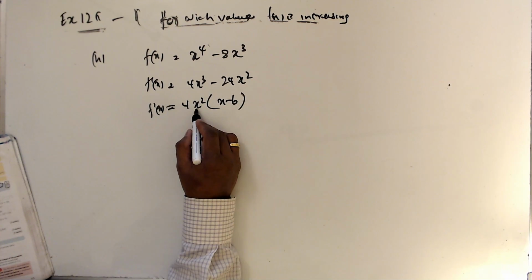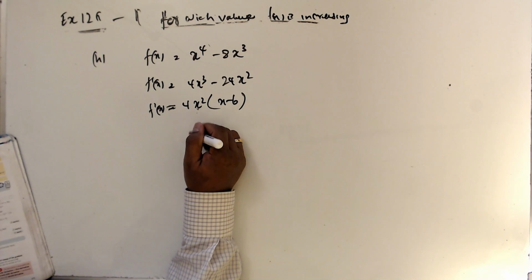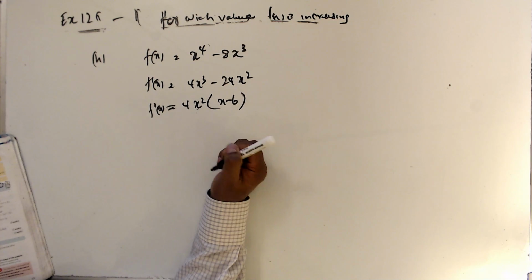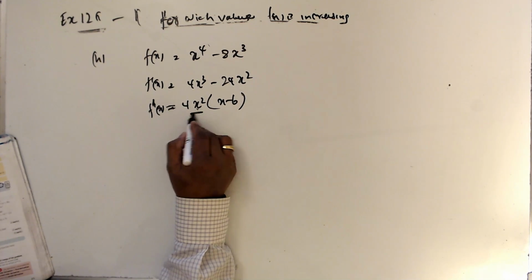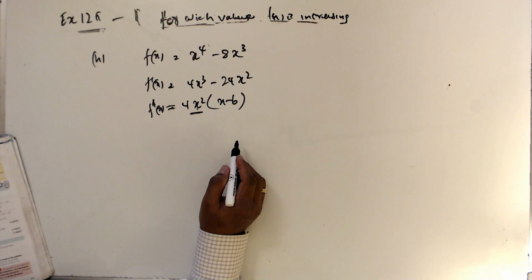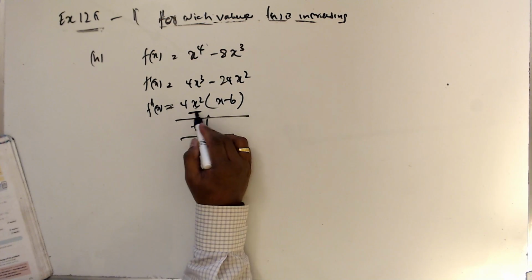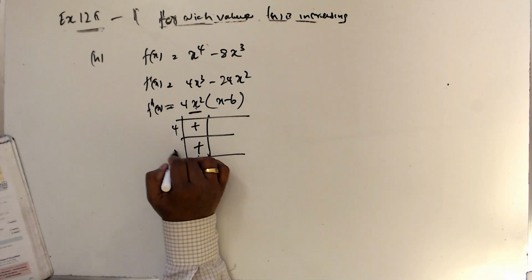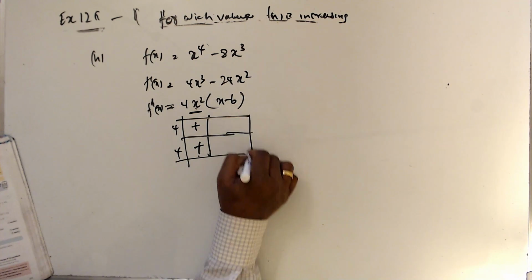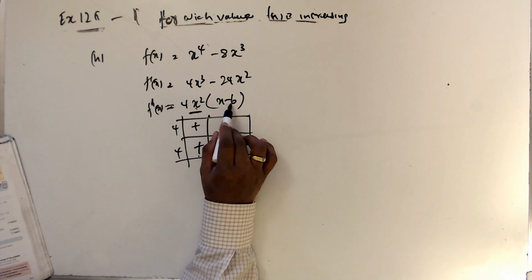If I substitute for x square, positive, still it is positive. If I put negative, still it is positive. So basically f dash x does not depend on this, because this is always positive. Whatever value you substitute, this is positive. Right? Now what will happen? x minus 6.